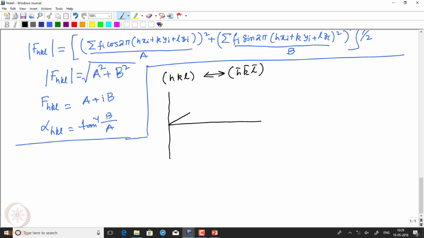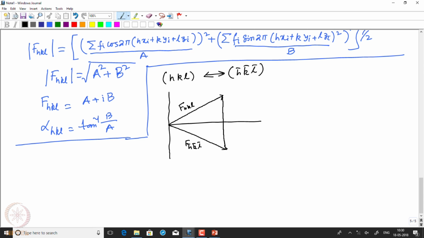Suppose this vector represents FHKL and this vector represents F H bar, K bar, L bar.